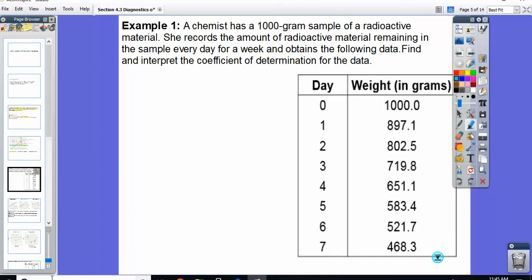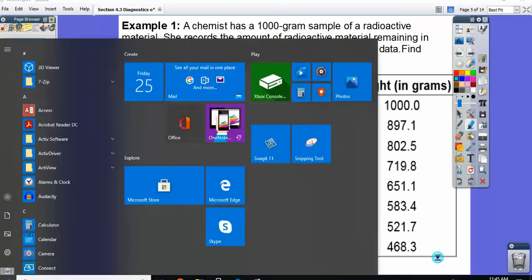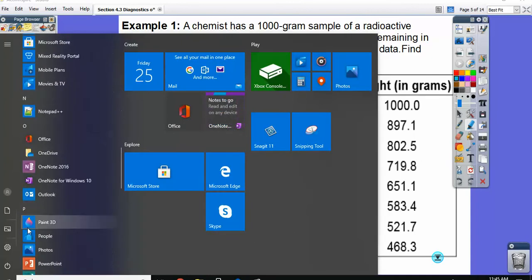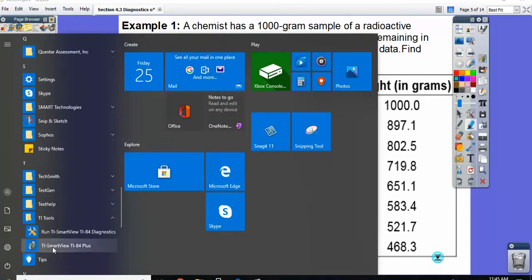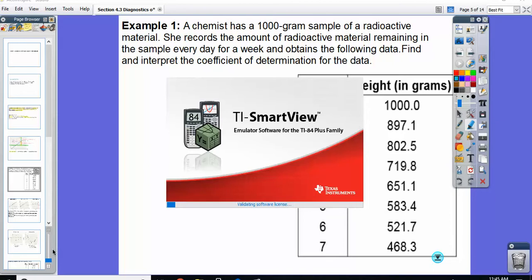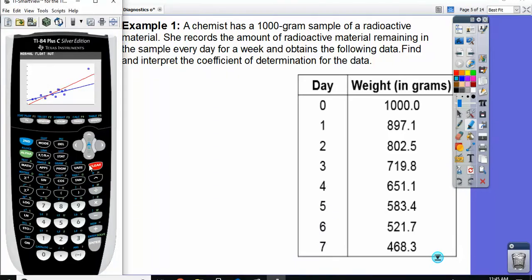So go ahead and pull that out. Okay, so we're going to go to Stat, Edit, and let's put this in our L1 and L2.